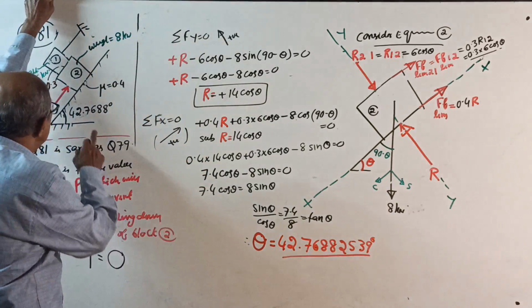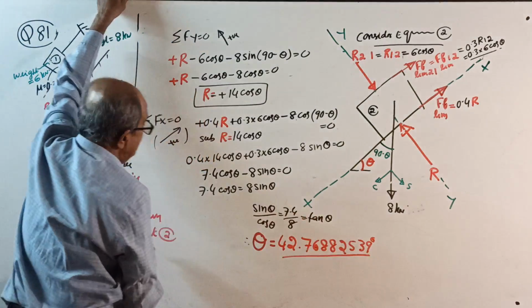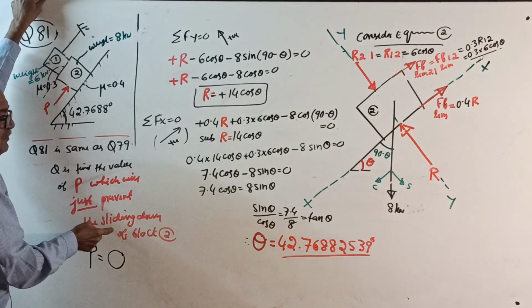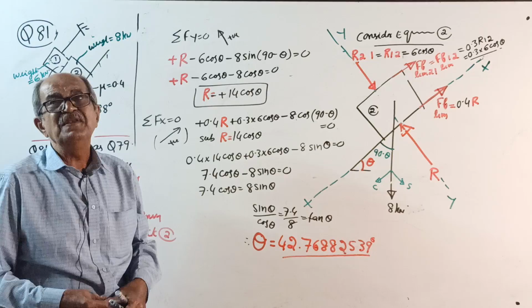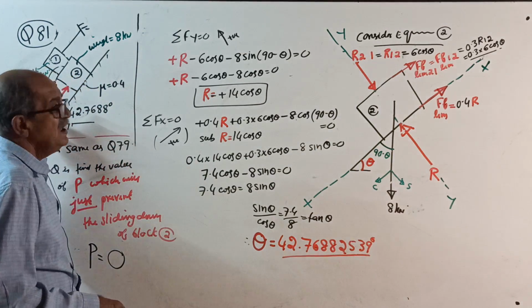Or you are given this, but I told there 42.76882539, but in this question I gave 42.7688. Okay, sir, P will come a very, very small value, 0.00. That means 0. Anyway, you solve it. You will get a very, very small value. Why?